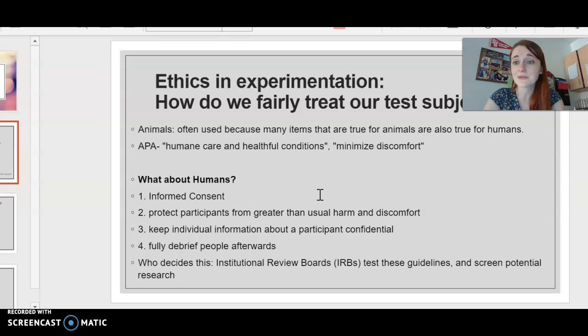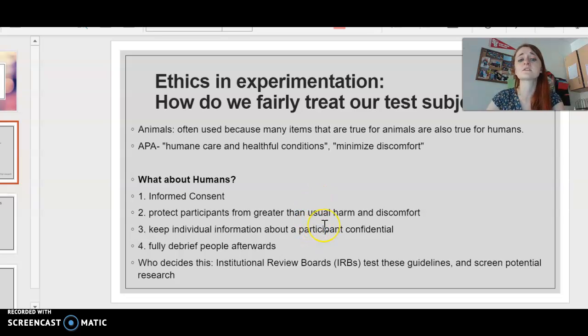Other than that, I'm not telling anybody about your grades. Okay. And the reason is that's not fair. It's an ethical concern if you're sharing information specifically. Can I talk about grades in general and talk about averages of, oh, this class did better or worse? That's perfectly acceptable, but I can't name names. And it's the same thing with experimentation. If you have a reaction to something, your name should not be associated with that.